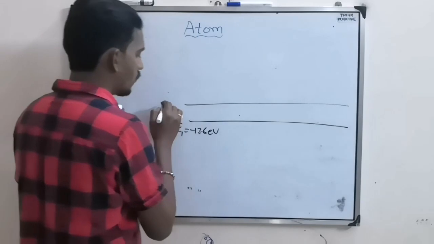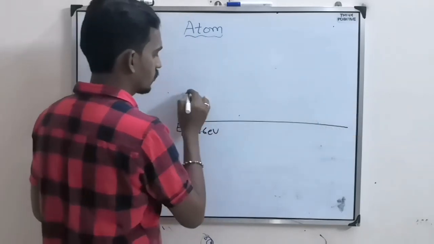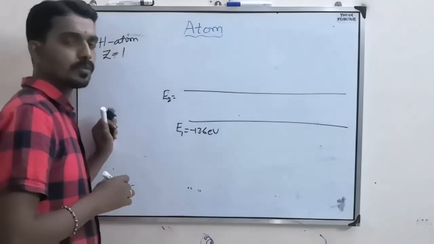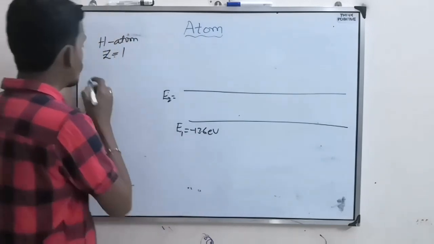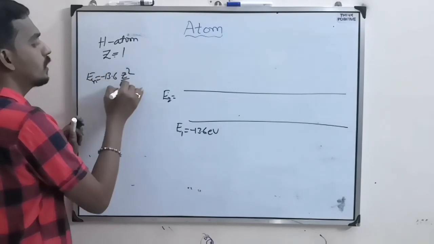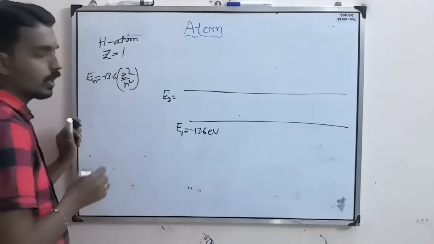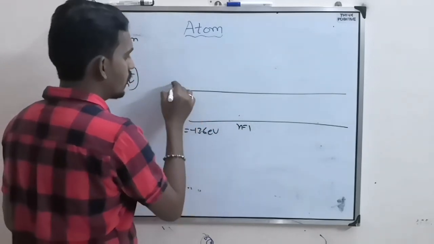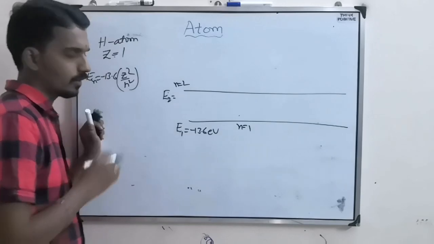Then for the second one, E2, that is minus 13.6 by 2 square, because En, the equation we have seen, is minus 13.6 z square by n square, with z equal to 1. So this is n equal to 1, this is n equal to 2, and so on.